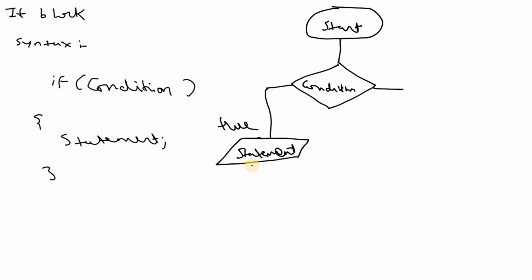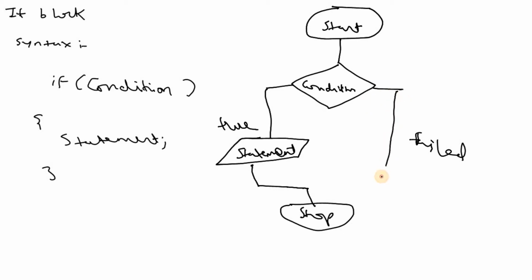So next, after the execution of this block, it will end the process. Suppose the condition has failed, then directly without executing any statement, it will come to the end.